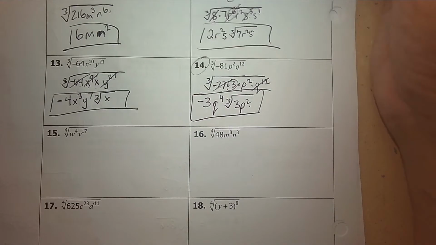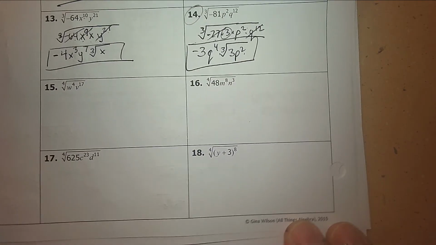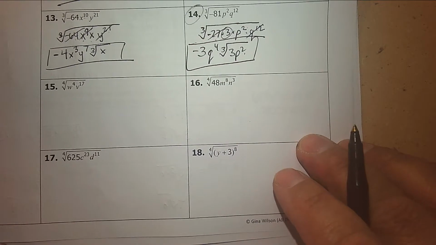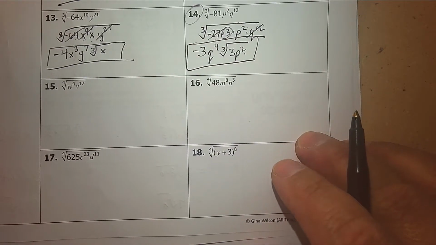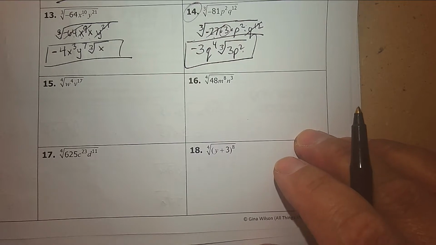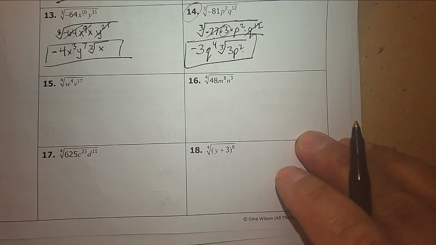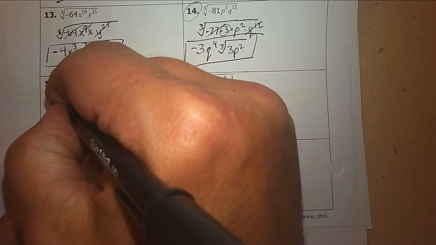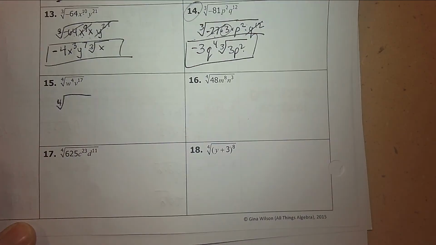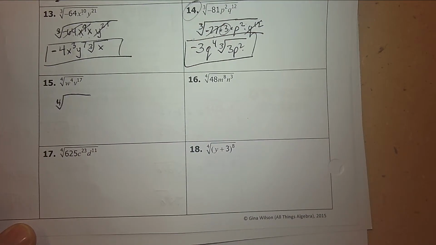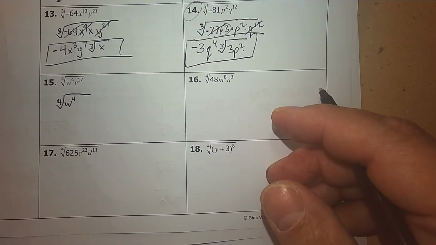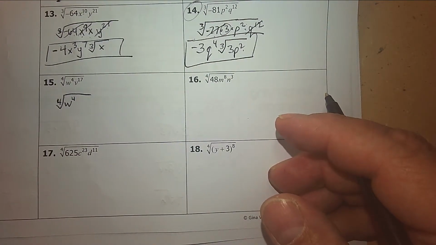All right, a few more left. Try number 15. Just working with the algebra. Are you able to manipulate the exponents to simplify it? W to the 4 is good because 4 divided by 4, I get that, right?